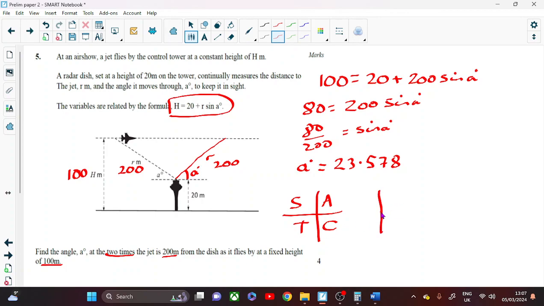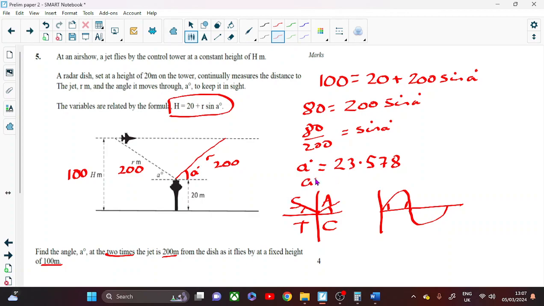or your sine graph. When is it also at 23.578? So I'm going to have it here. I'm also going to have it here. So it's coming back from the 180. So I've got this angle here, and it's also that angle there. So how far back is it from my 180?